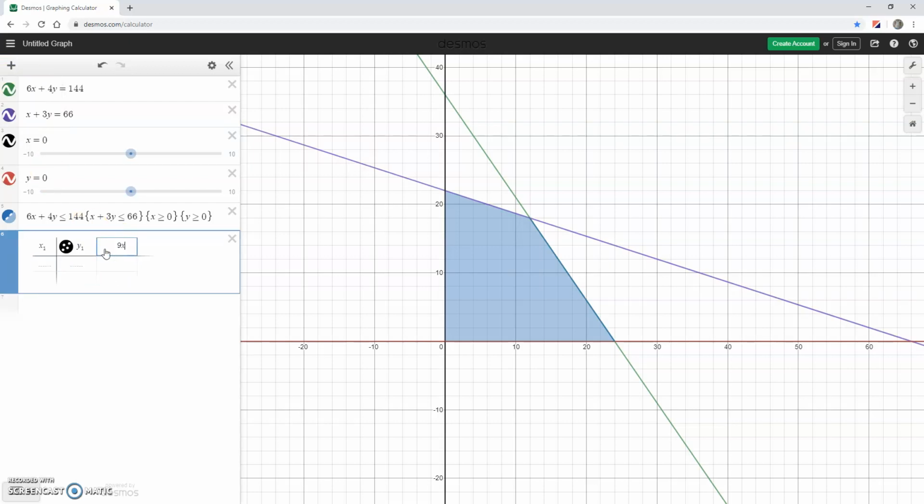In this case, looking to maximize 9 times x plus 13 times y, we can use x equals 0, y equals 22, 12 and 18, 24 and 0, and our last pair would be at 0, 0.